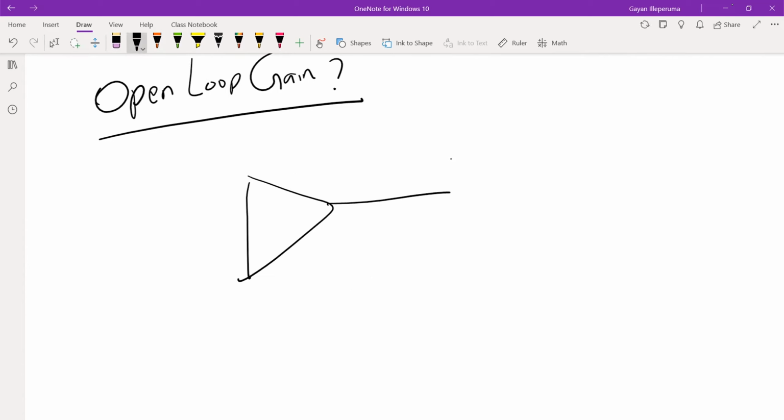Closed loop means there's something going back, closing the loop. Open loop means there's nothing going back, it's open. So open loop means there's no connection between the inputs and the outputs.